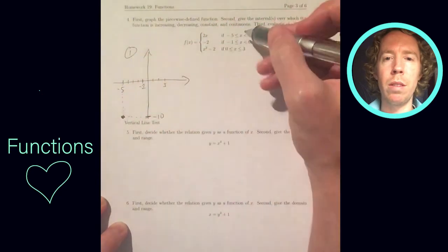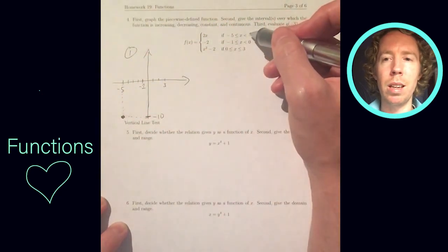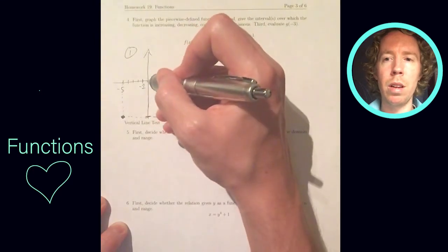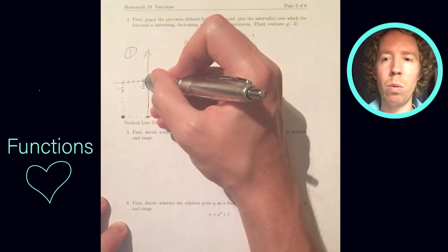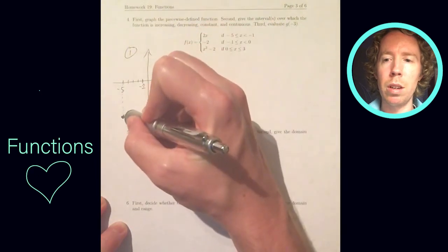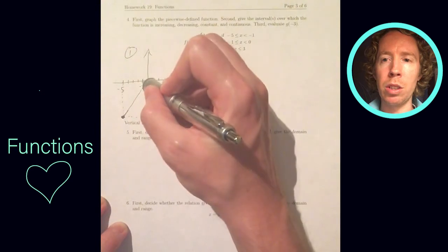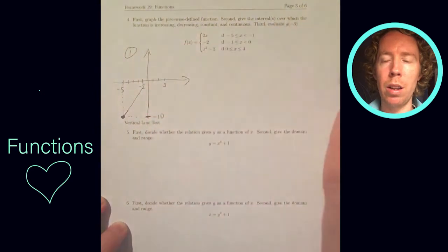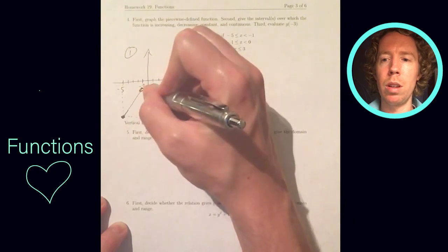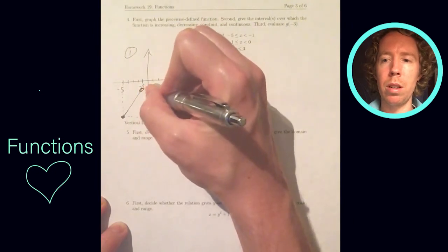So I'll use a filled in circle to say we're including the point where x is equal to -5. And then when x gets to -1, you plug that in, you get 2 times -1 is -2. And there's no equal sign on that right inequality in the first rule, so I'll put an open circle there.